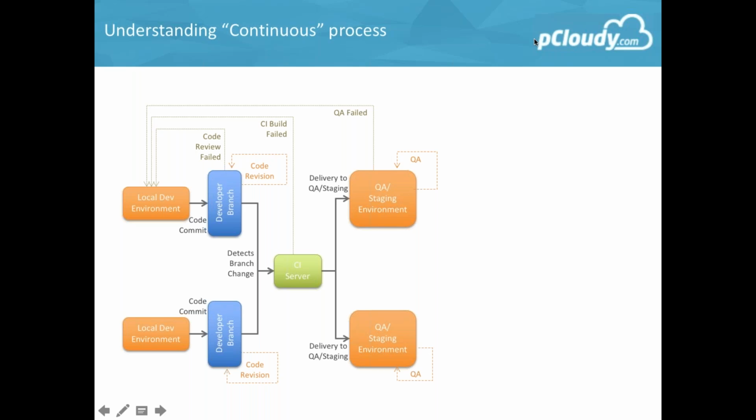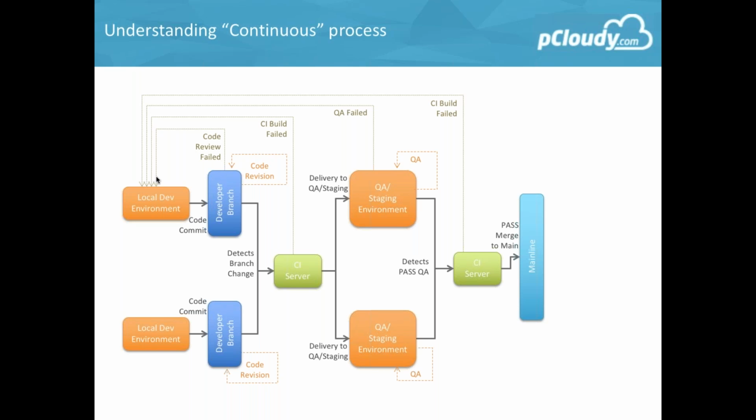Now, depending on the success of the automated tests, the CI server informs the developer whether the build is pass or fail, and based on the success, the CI server pushes the code to the main line, which is the production branch.